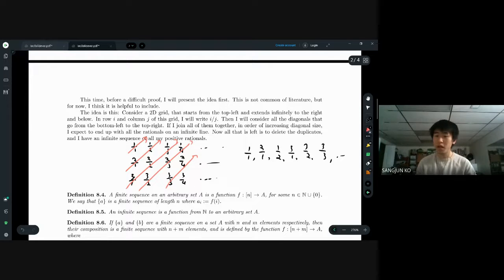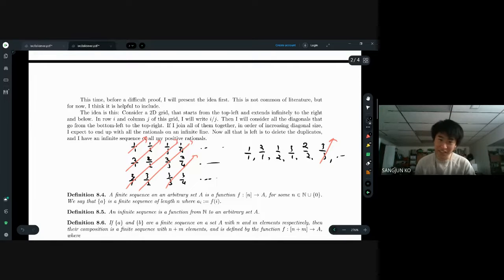Now, all the while, we're going to delete the duplicates. So where are the duplicates? Did I miss one? No, oh, that's a 2. That's not a 3, that should be a 2.